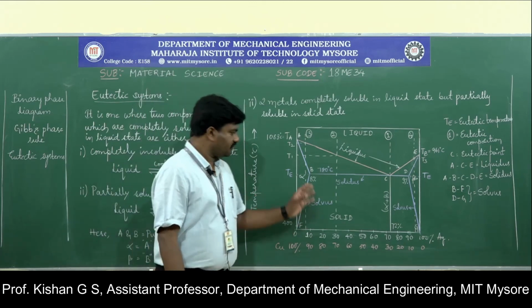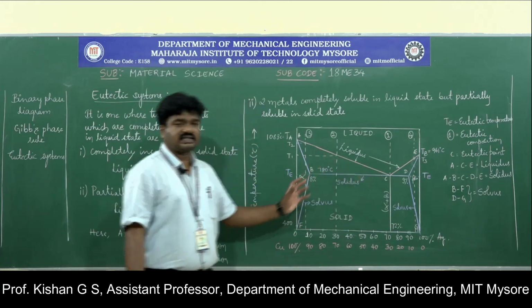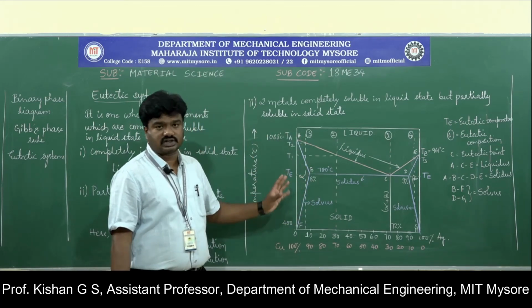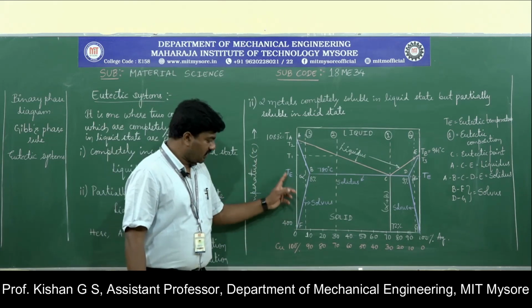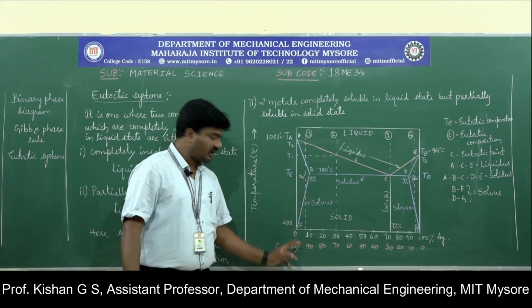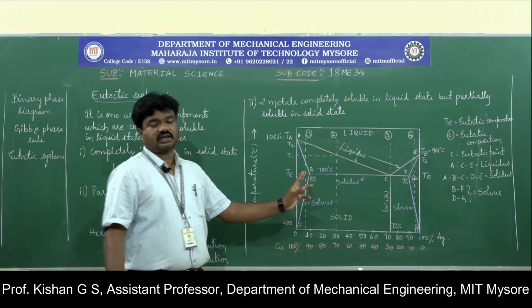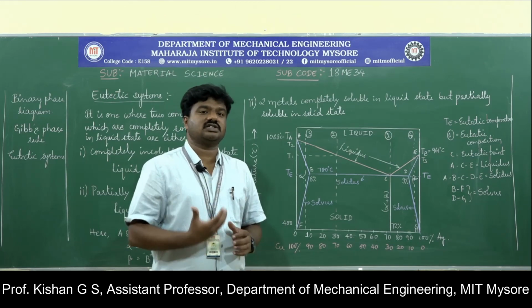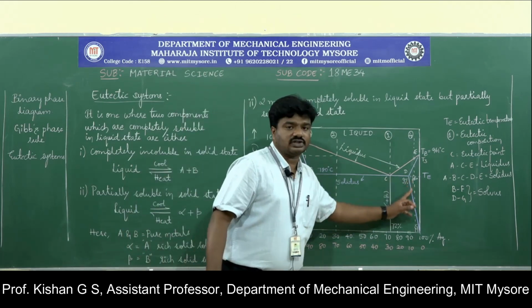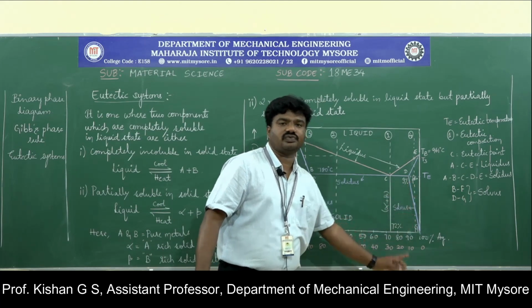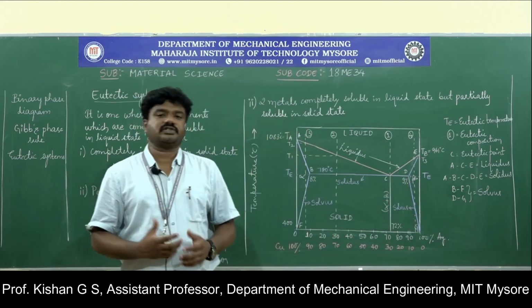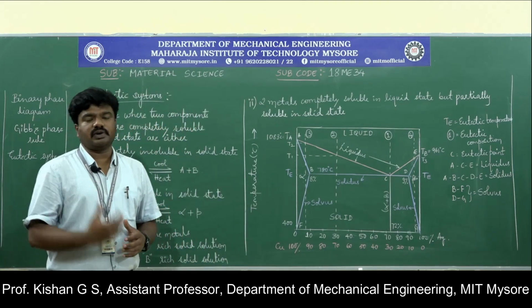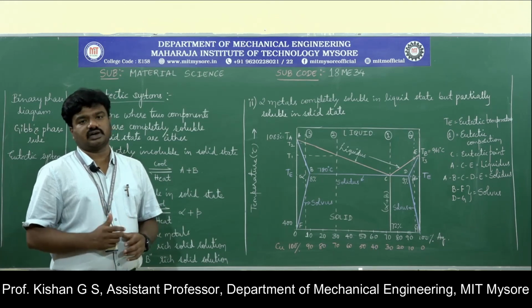Similarly, for alpha and beta, the exact percentage for the rich mixture of partial solubility in the solid state is attained when copper is 92% and silver is only 8%, whereas the partial solubility of B, that is, the rich mixture of silver, is achieved when there is 91% of silver with 9% of copper. So this is the representation of partial solubility of the materials in their solid state, with complete solubility in their liquid state. Thank you.